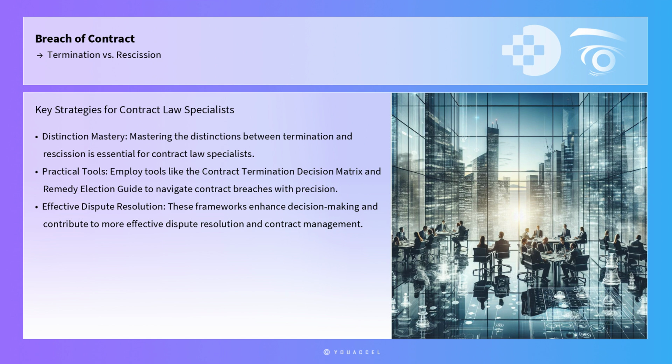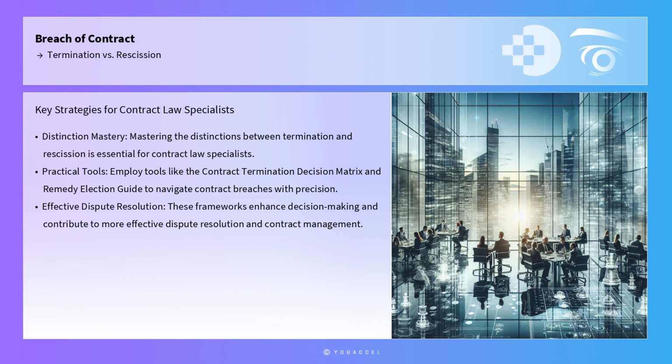In conclusion, mastering the distinctions between termination and rescission and knowing when to apply each remedy is essential for contract law specialists. By employing practical tools such as the Contract Termination Decision Matrix, Restitution Checklist, Clause Drafting Framework, and Remedy Election Guide, professionals can navigate the complexities of contract breaches with confidence and precision.